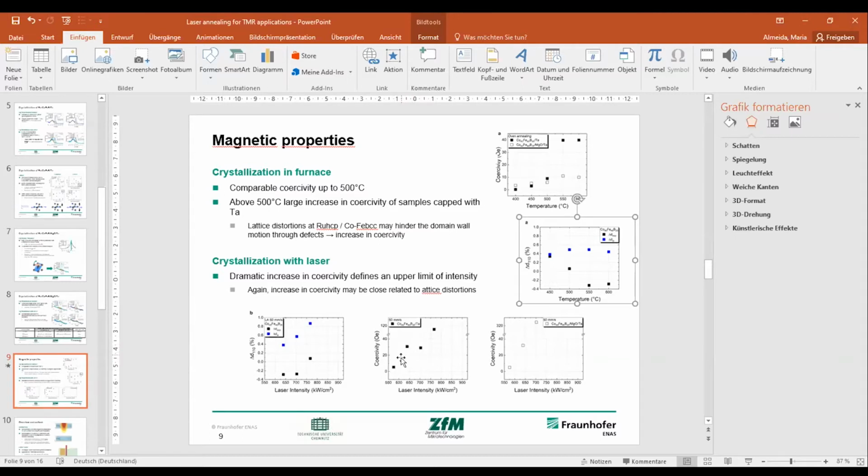We don't have that much increase at first, but at some point the coercivity increases very significantly. This would again be in line with the fact that, due to the dynamics of the laser annealing, we are more prone to have distortions in the lattice that may lead to this increase in coercivity.